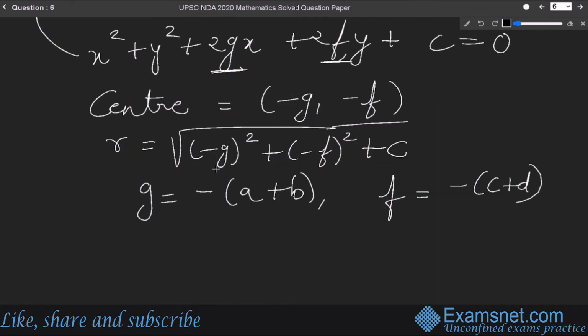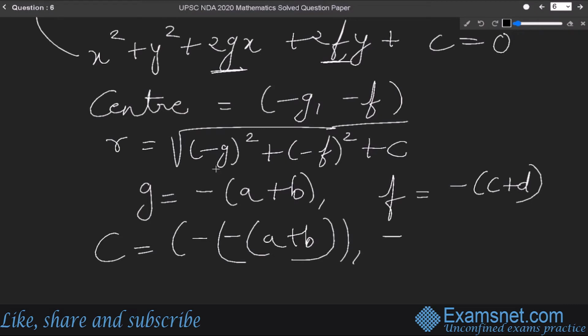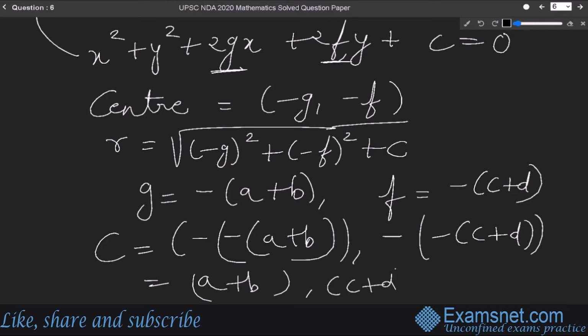So we can say that the center for this question is minus of minus a plus b and minus of minus c plus d. So it will be a plus b and c plus d. So this is the center for the given question.